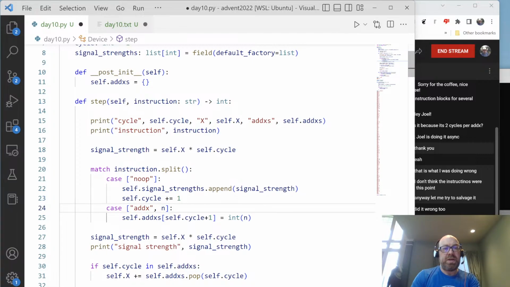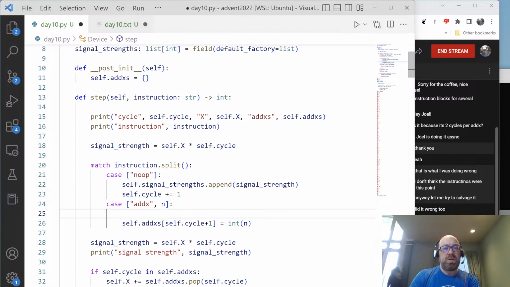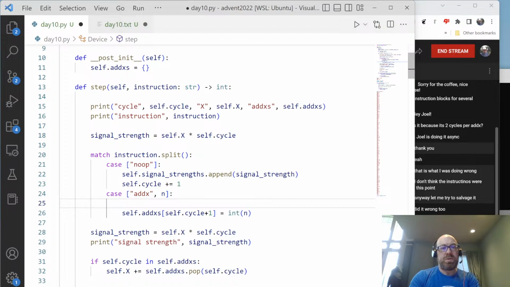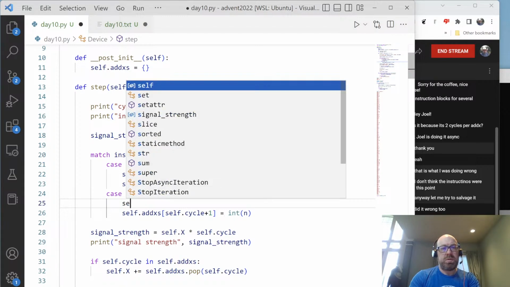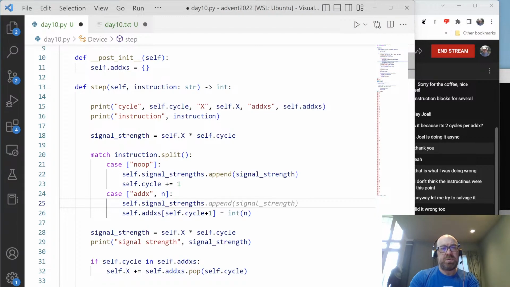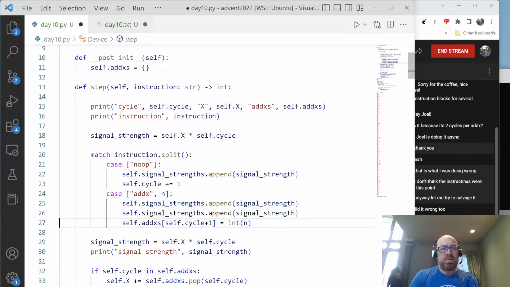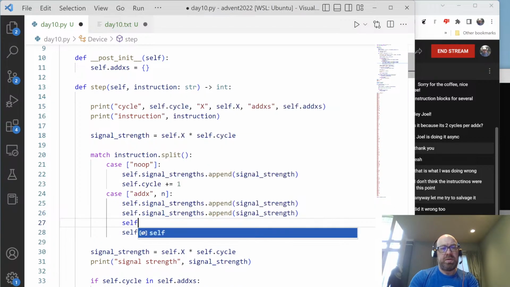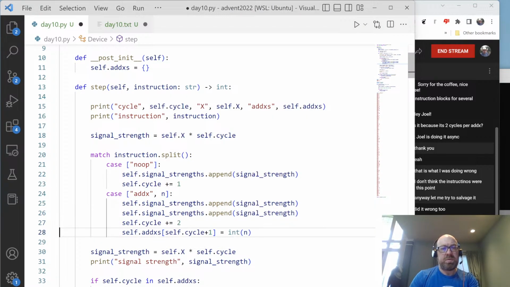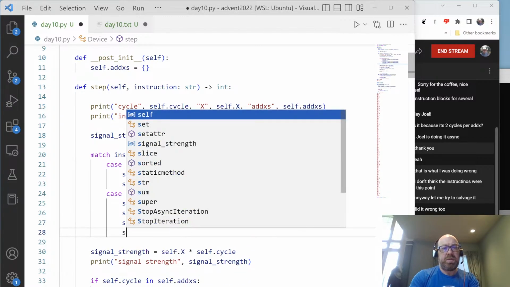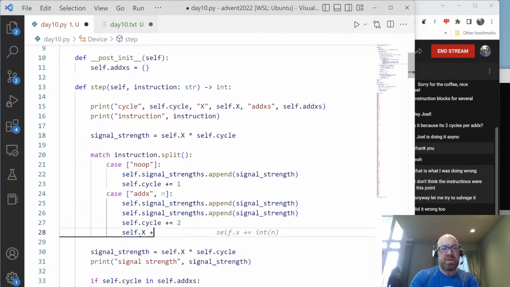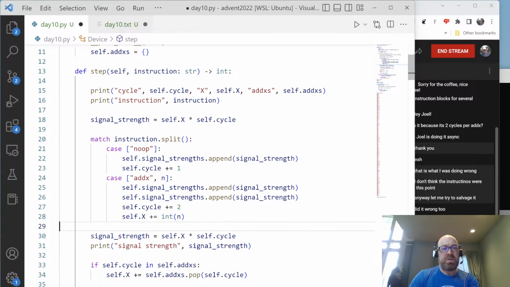Otherwise, I have an add x, and so I want to do self.signal_strengths.append(signal_strength), I think twice, and then self.cycle plus equals 2, and then self.x plus equals int n.